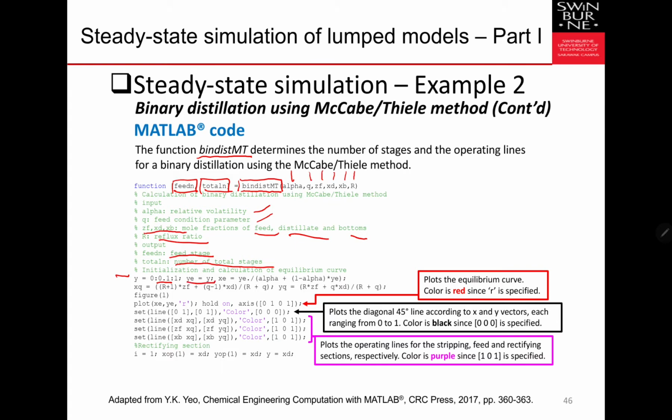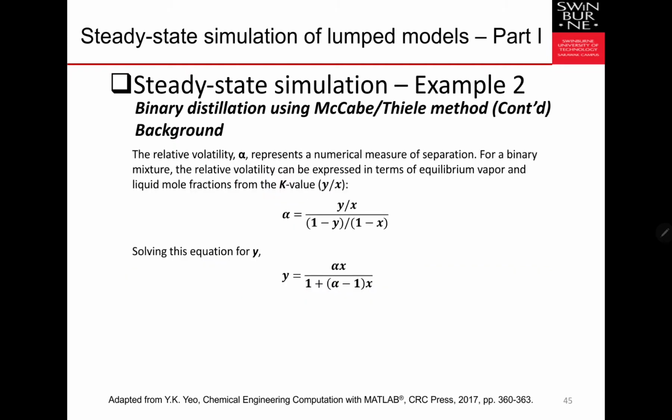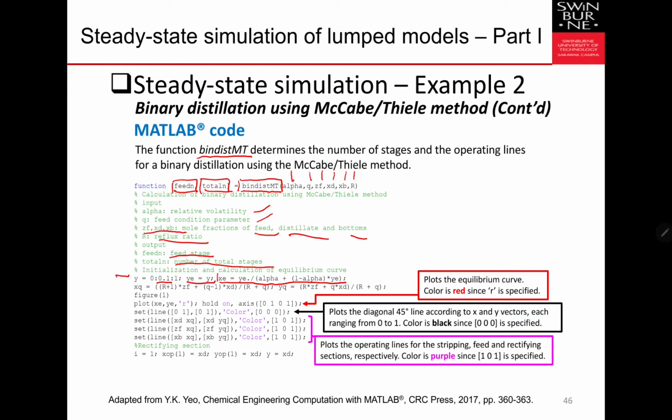And then we define that yE is equal to y, and this xE is coming from the previous formula for x that I have shown in the additional materials. And this xq is coming from the previous equation that has been defined before.